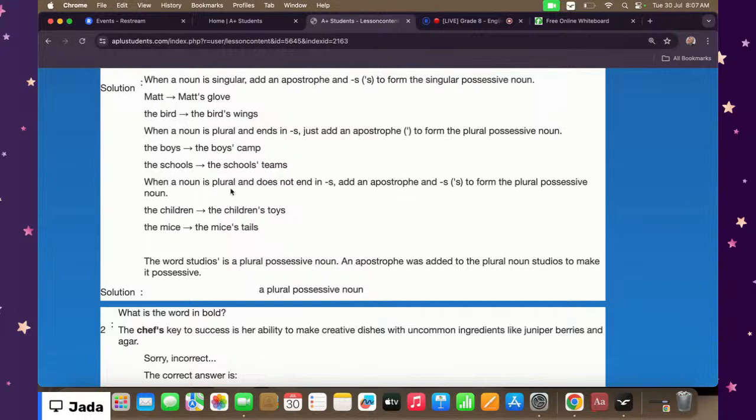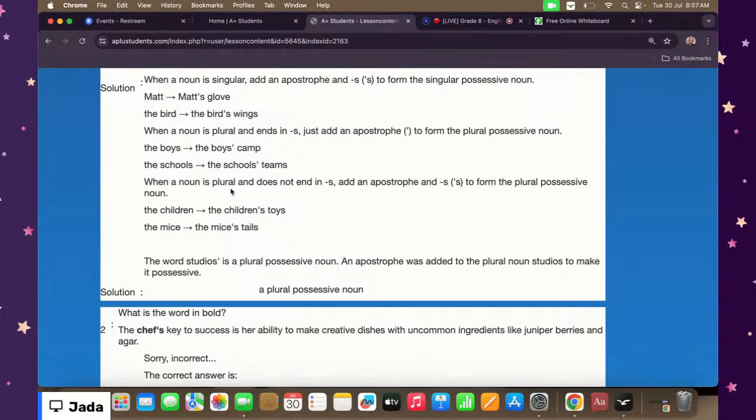When a noun is plural and doesn't end in s, add an apostrophe and s to form plural possessive. There are some nouns that are in plural form, but they do not end with s. Those are the unique nouns, irregular nouns, because usually most of the nouns end with s.